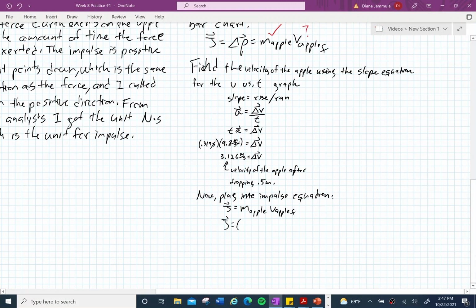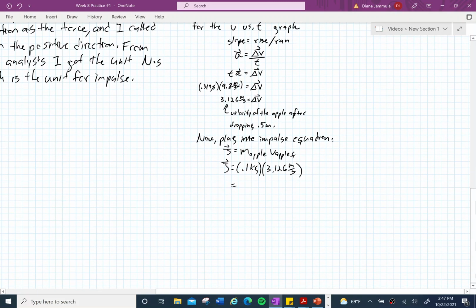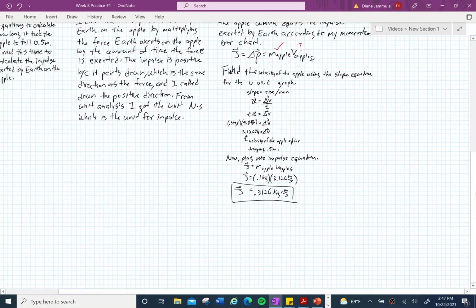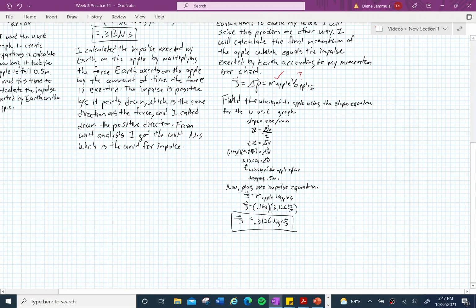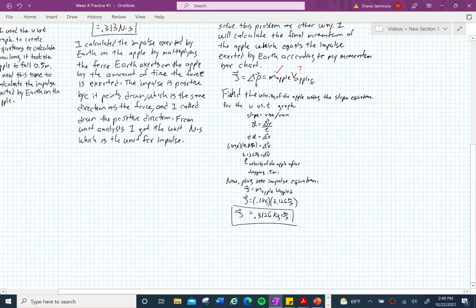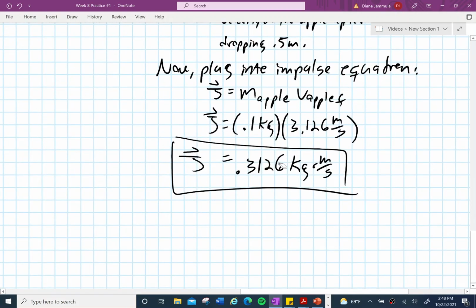Let me put the numbers in. The mass of this apple was 0.1 kilograms. The velocity that I just found was 3.126 meters per second. If I put that into a calculator, I get 0.3126 kilograms times meter per second. Let's see if that's what I calculated earlier for impulse. Yeah, I just rounded earlier. 0.313. Maybe I'll change that.